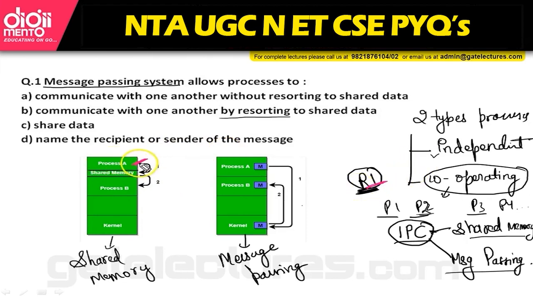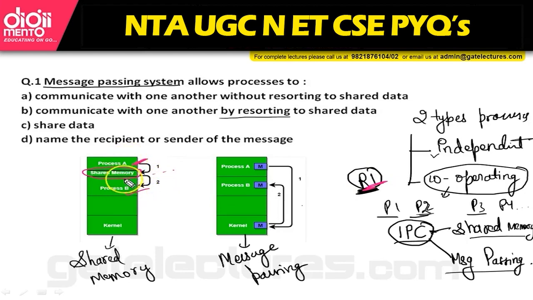So it will put all the information in the shared memory, saying that it has used this data and updated these values. Now process B, which is also sharing this data R1, will take that updated data from the shared memory and then start its execution.